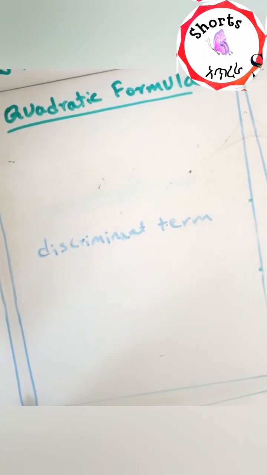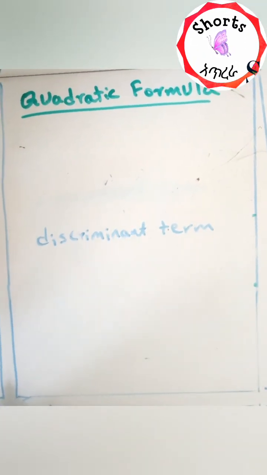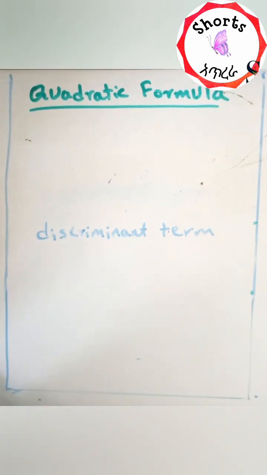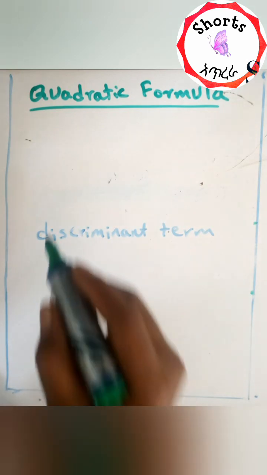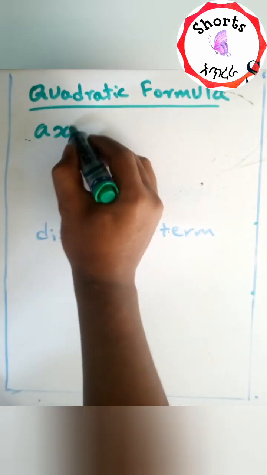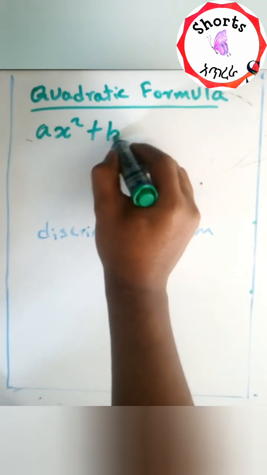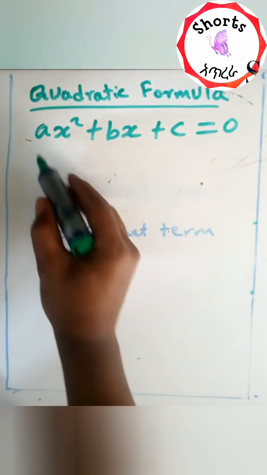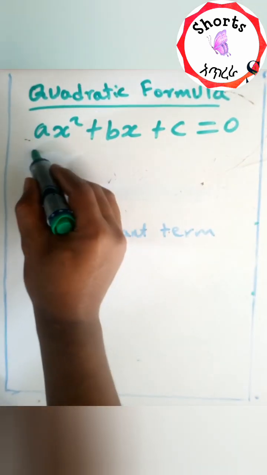Welcome back. Next, we are going to see the general or quadratic formula, which is used to determine the solution set for a given quadratic equation. As we remember, the general form of a quadratic equation is ax square plus bx plus c is equal to 0, where a is different from 0.